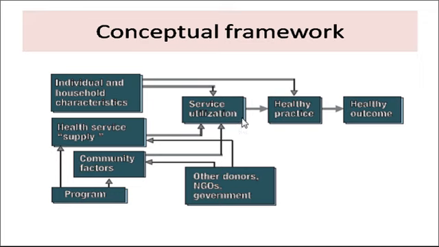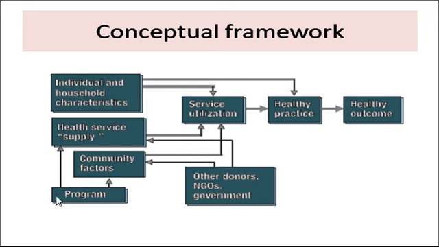Better utilization of health services leads to healthy practices. So once you utilize the health services better, there will be better healthy practices, which will lead to a healthy outcome. That means people's quality of life or overall health will be improved.